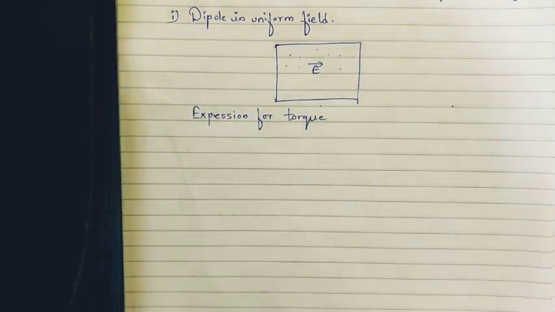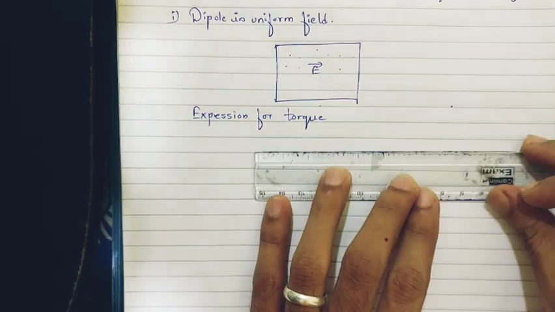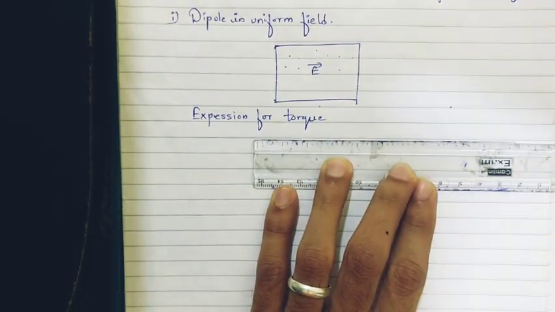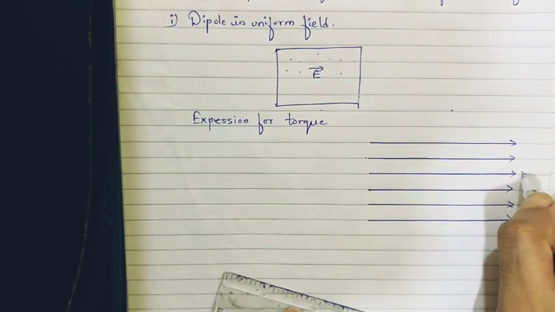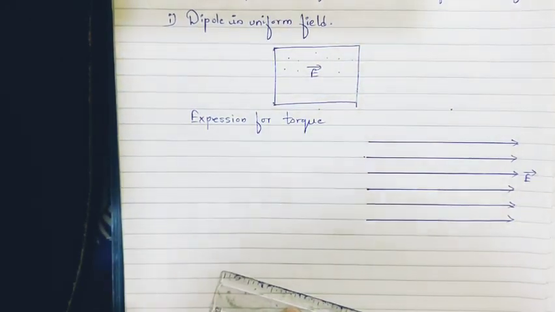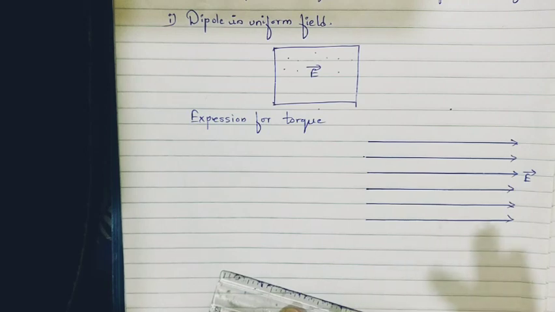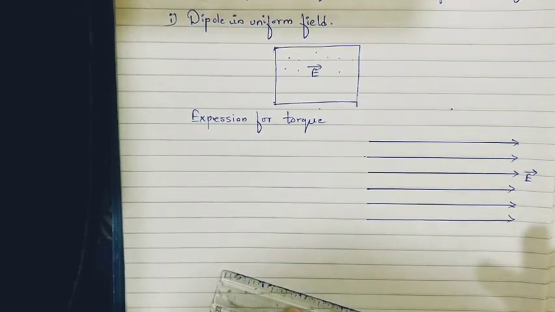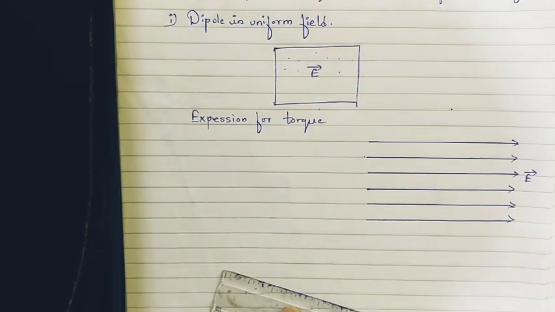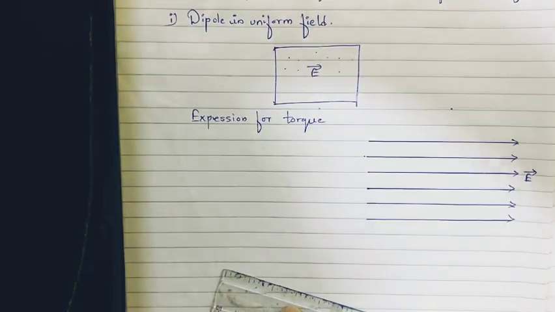Let me draw the figure. Let me draw the electric field first. Let us consider that this E is a uniform electric field. Now let us place an electric dipole, that is a pair of equal and opposite charges separated by a particular distance, in this uniform electric field. So let me draw the electric dipole now.